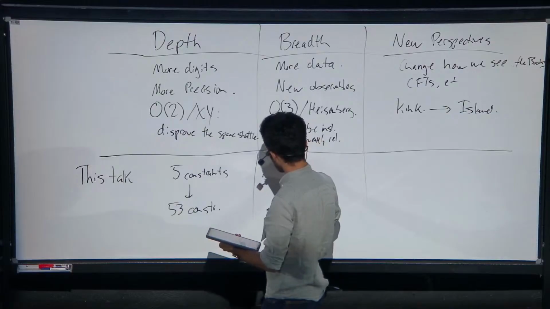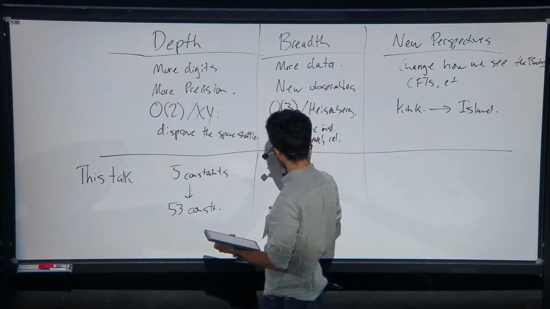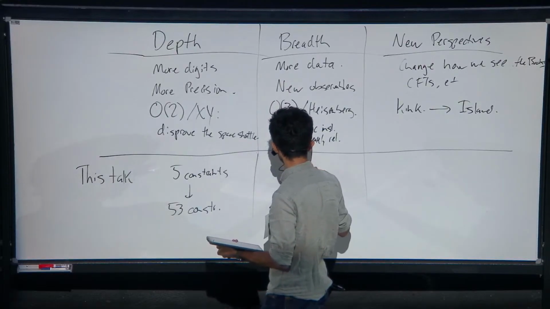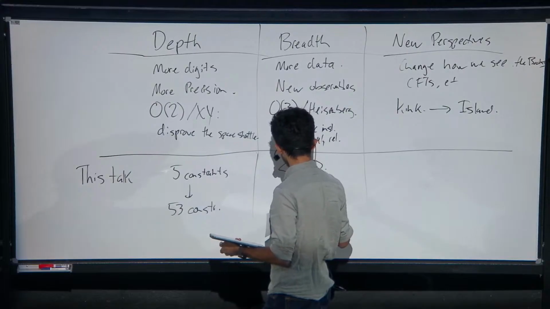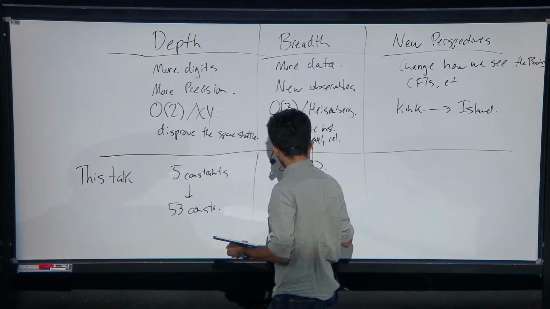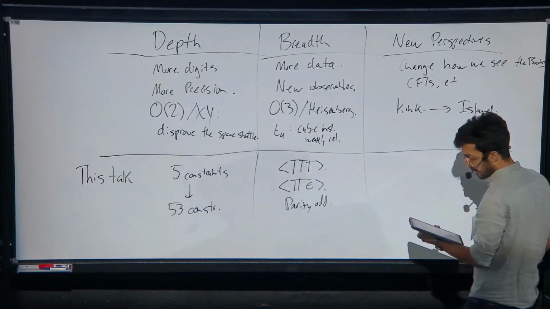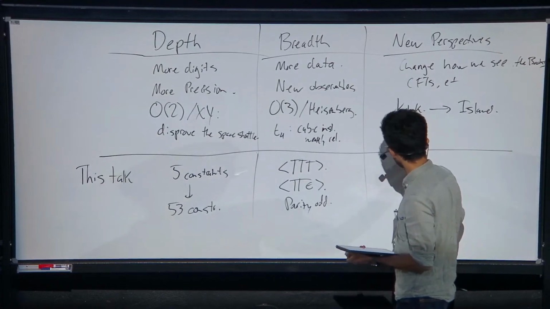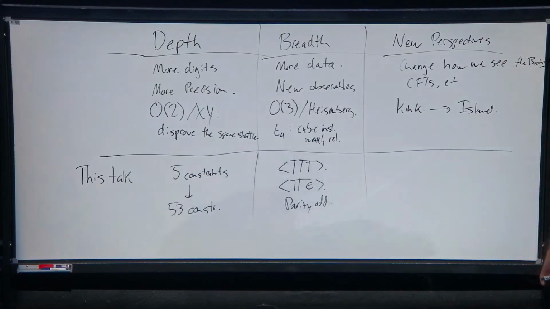We also get new CFT data that we have never had access to either with the Bootstrap or in some cases not at all, namely to do with the stress tensor 3-point function, and also parity odd operators. And with new perspectives, hopefully you'll believe me by the end of this talk that I can also maybe shift your perspective a bit on what the Bootstrap can be.